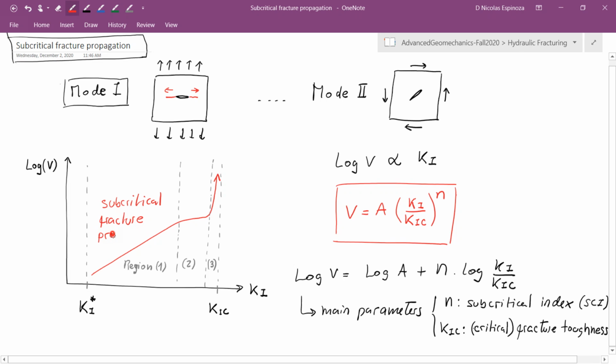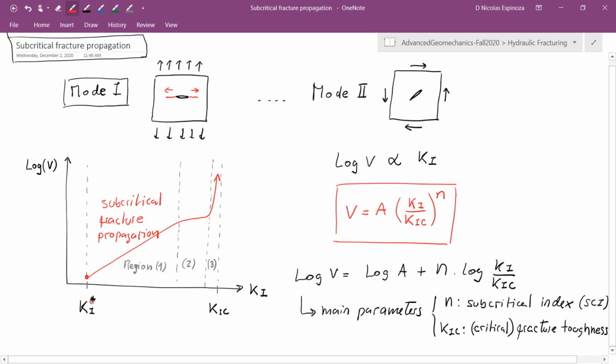And in this regime, the velocity of the fracture is going to be proportional to the stress intensity. So the limit here is going to be this parameter Ki star, such that if I don't have enough stress intensity, a fracture will not propagate.